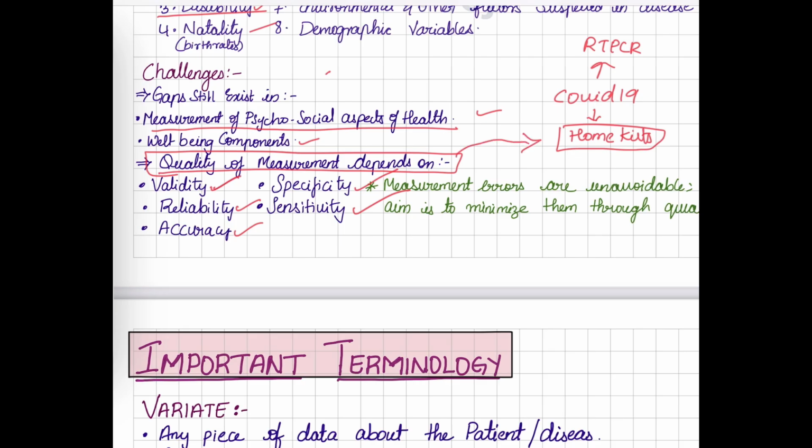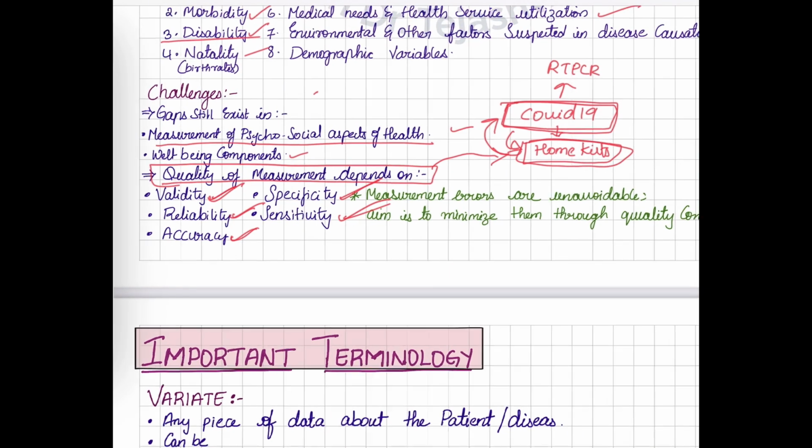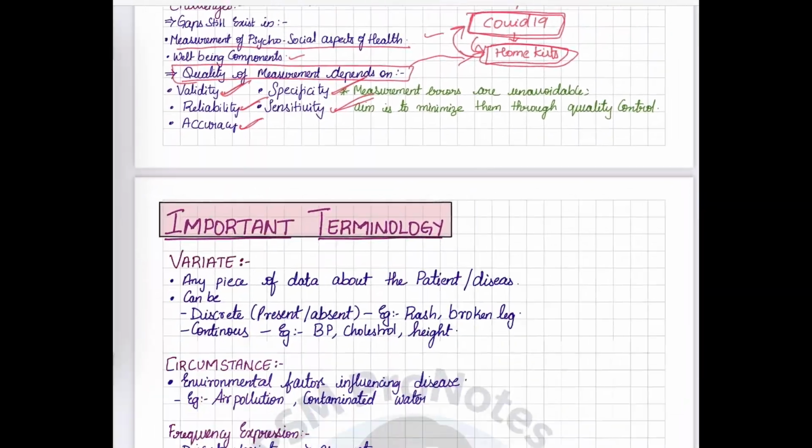The measurement of mortality and morbidity of COVID-19 depends upon the testing kits. Are they valid? Are they reliable? Are they accurate? Are they specific? Are they sensitive? All these factors influence the measurement of mortality and morbidity of diseases like COVID-19. So this is the importance of measurement.